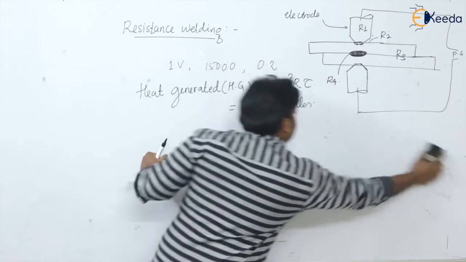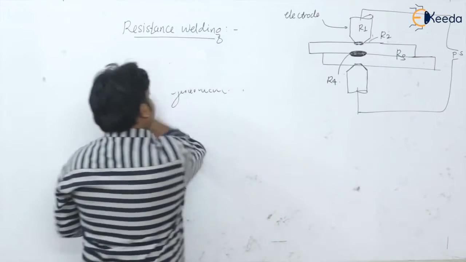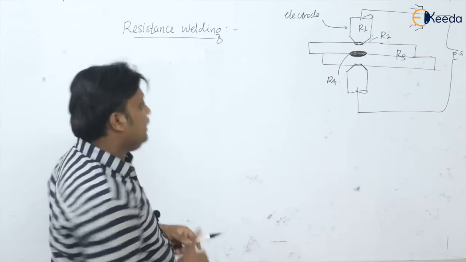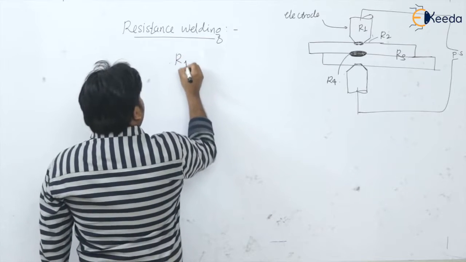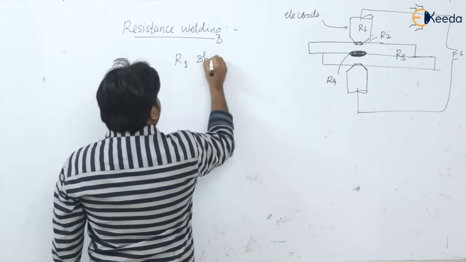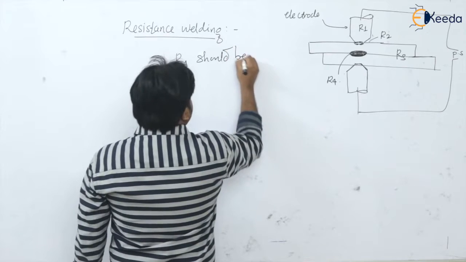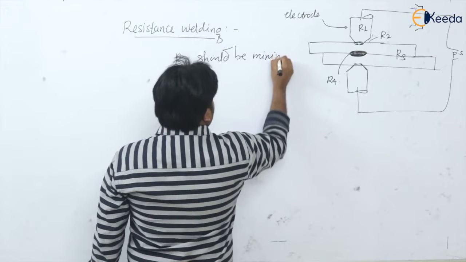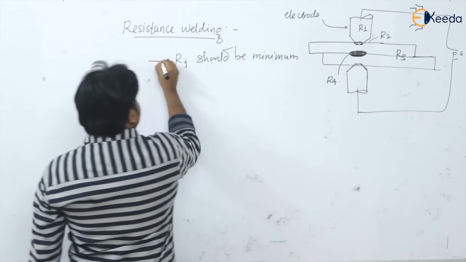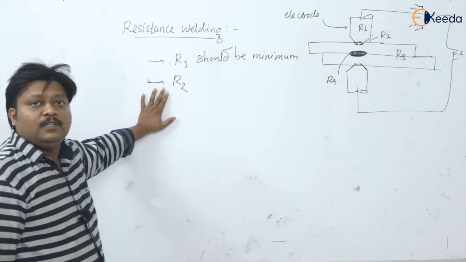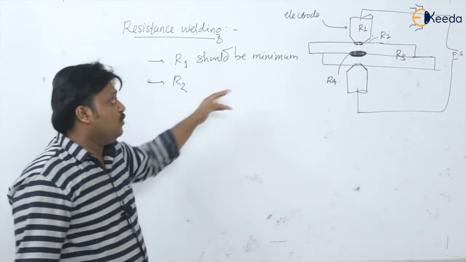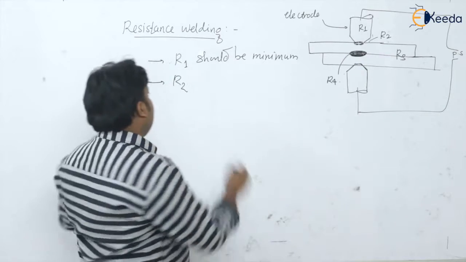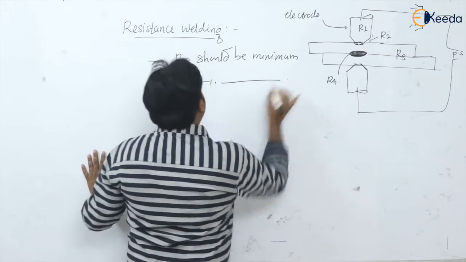Say R1 should be minimum. Then R2 also should be minimum, as we don't want a joint on the surface.